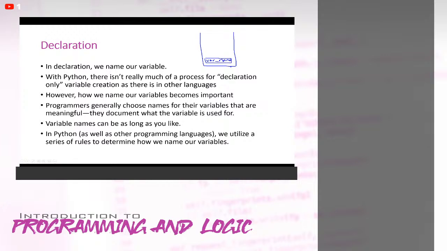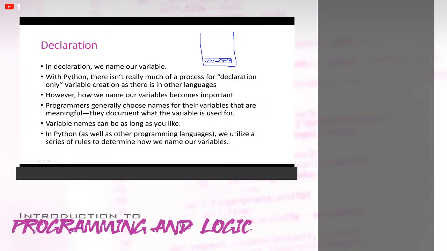And so you end up having a problem where you're struggling to understand your own code, which becomes a serious issue, especially when you're trying to write good code and write code that's going to be effective and meaningful and easily able to be refactored as we work going forward. So one of the things that we want to think about is creating variable names that are not ambiguous, that have meaning behind them.